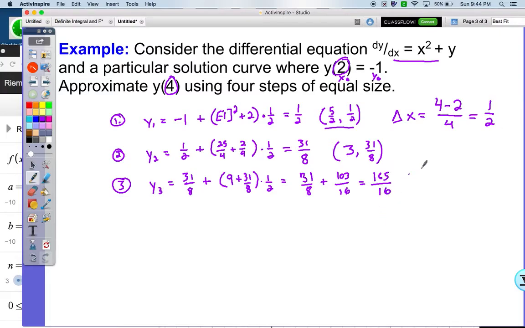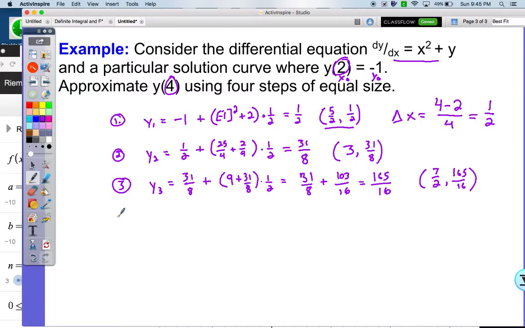If I'm making some stupid mistakes here, just laugh at me and you can rag on me later. So my new point, if I add 1/2 to 3, gives me 3.5 or 7 halves, and 165 over 16 is my new y value.